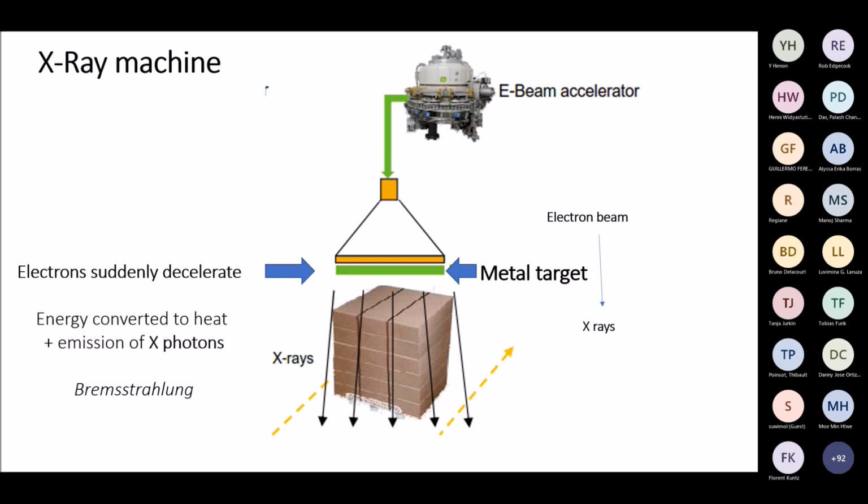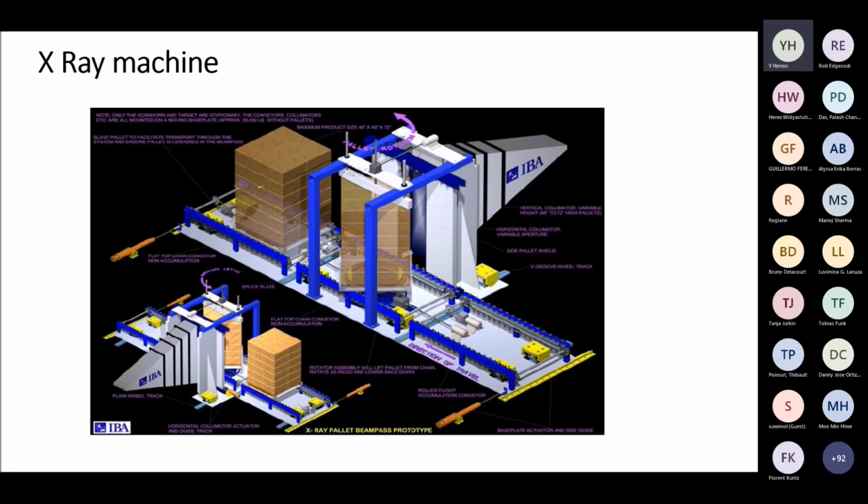What you put in as energy initially into the beam, there is very little left when you produce X-rays. This is called the conversion rate, and it's really low. So energetically, it's quite inefficient.